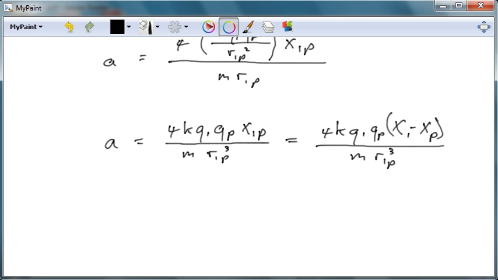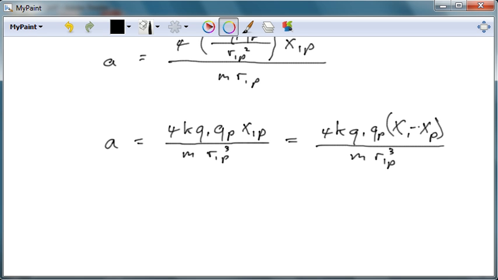So the user is supposed to supply the charge of qp. K is a universal constant. Q1 was given. X1, we're going to be looking at, that's the 10 centimeters. XP, we're studying the motion of this particle. We're going to use a bunch of different values of XP, so whatever the current position of the particle is, that's what goes in there.